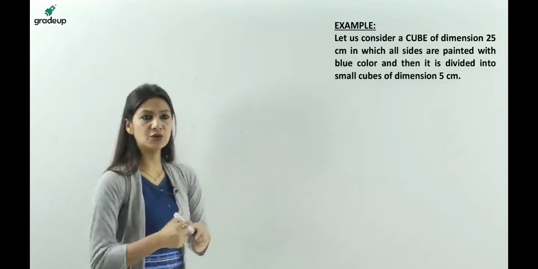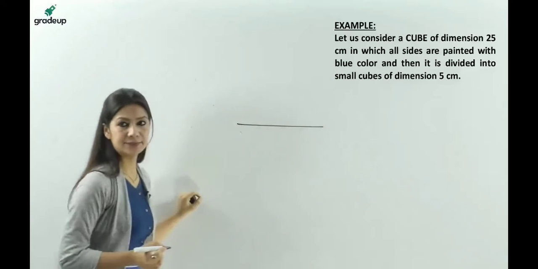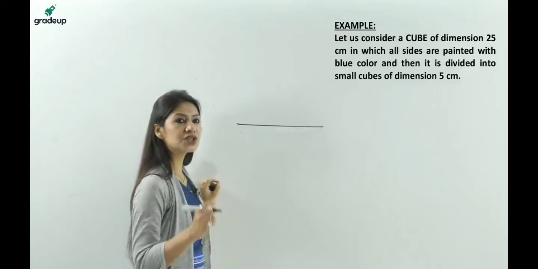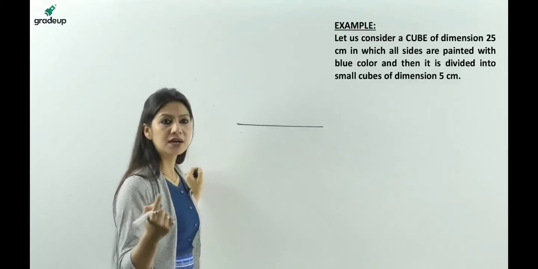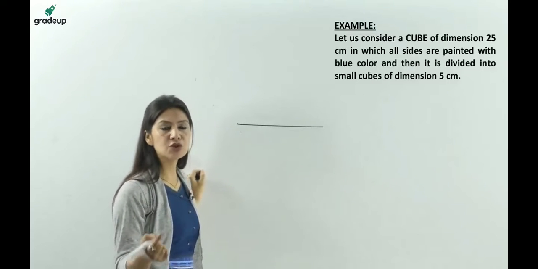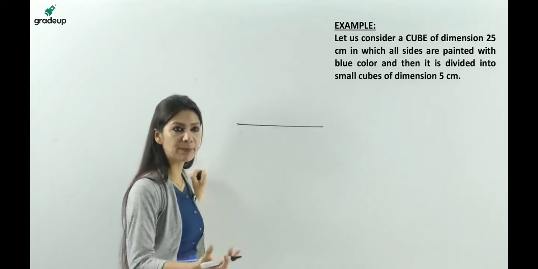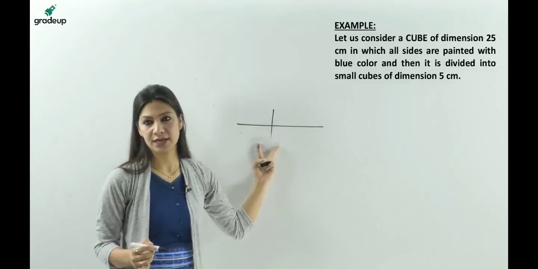Okay. Just forget about cubes first of all. Let's talk about a single straight line. Let's say this is a straight line, and I ask you to divide this line into two equal small parts. The number of cuts required to convert it into two parts is obviously 1. If one cut is there, you will have two parts, right?